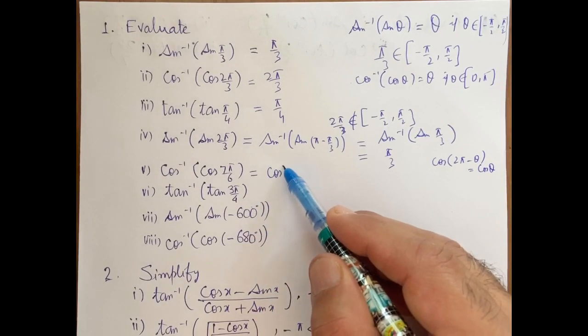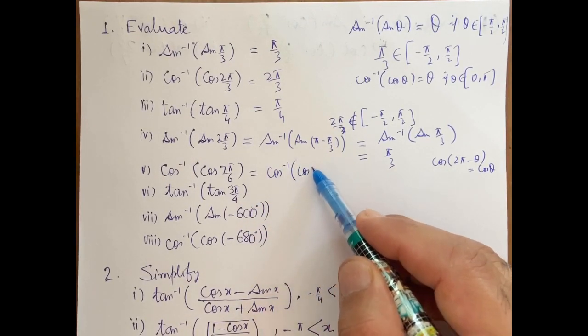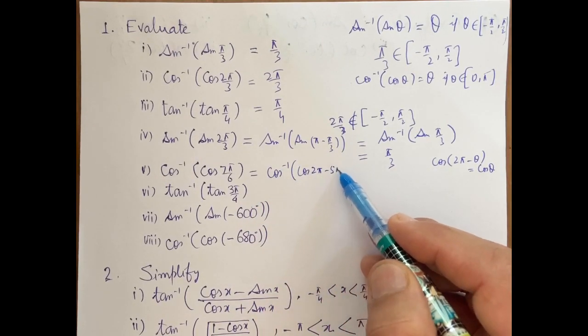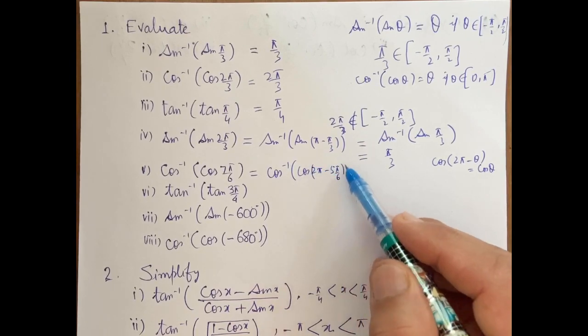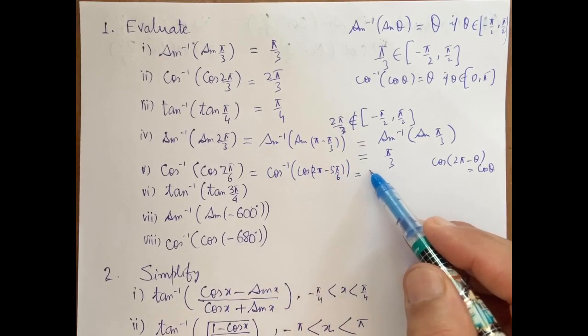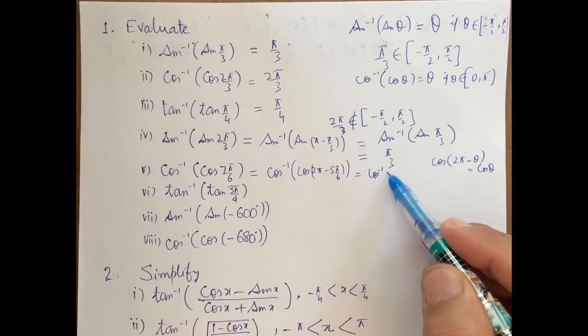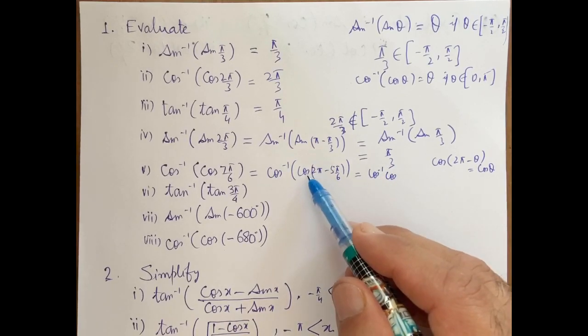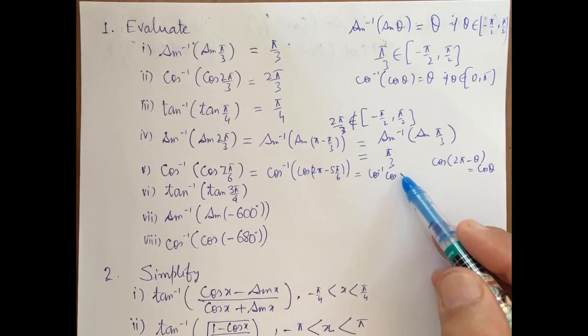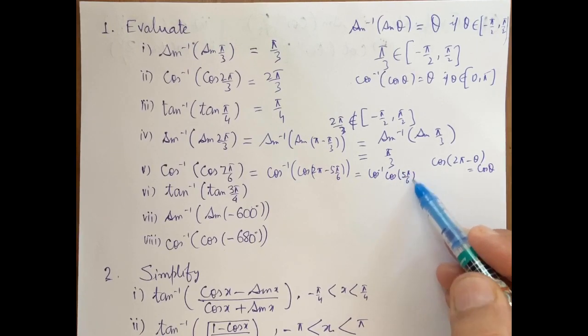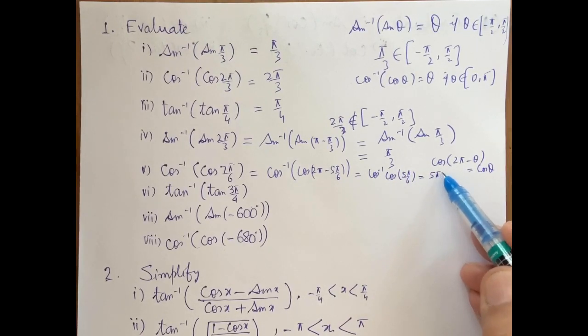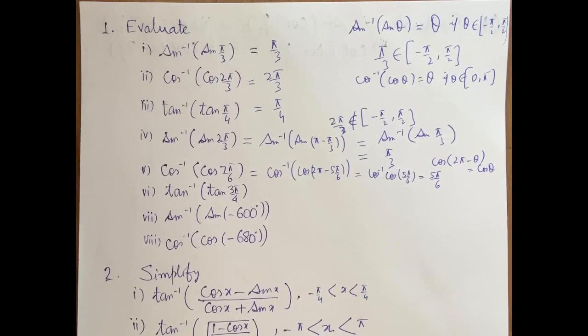So this can be written cos inverse of cos of 2 pi minus 5 pi by 6, and cos of 2 pi minus 5 pi by 6 is cos of 5 pi by 6. So this can be written 5 pi by 6 because this belongs to the interval 0 to pi.